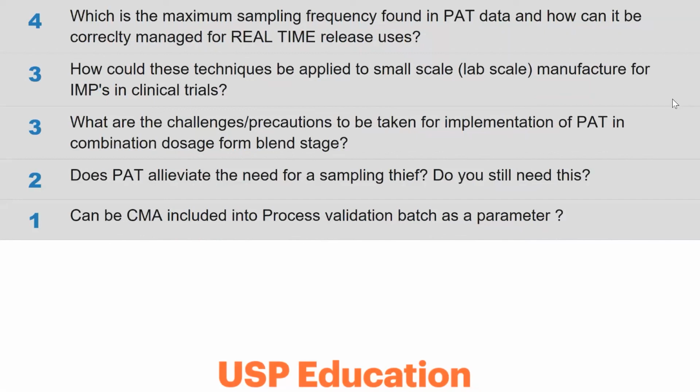So it's really impossible for me to answer that. The sampling frequency is going to depend on the exact type of probe you're using. And manufacturers of these process analytical probes are more than willing to help and work with you so that you choose the correct probe and you're placing it at the correct spot.